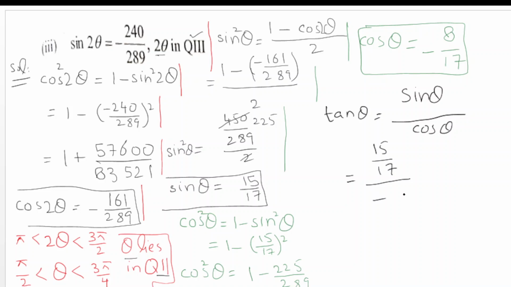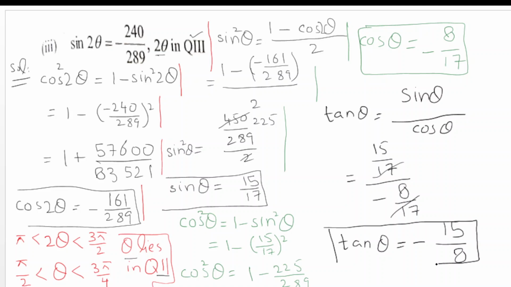That is negative 8 over 17. So 17 and 17 will cancel out like this. So that is going to be tan theta is equal to, with this negative sign, let me write here, 15 by 8. So look, theta is in the second quadrant, so in the second quadrant tan is negative. Okay. So I hope you understand all the things.